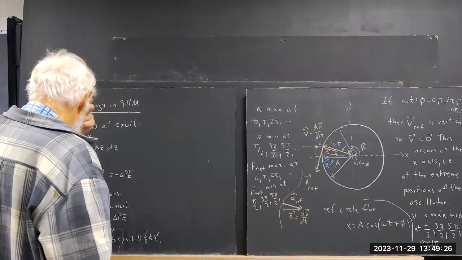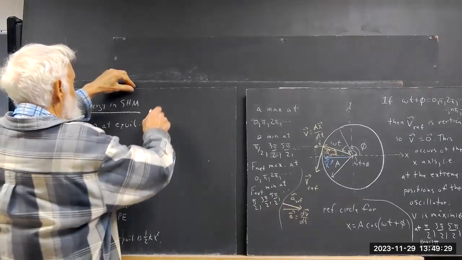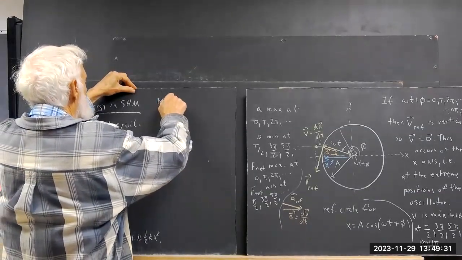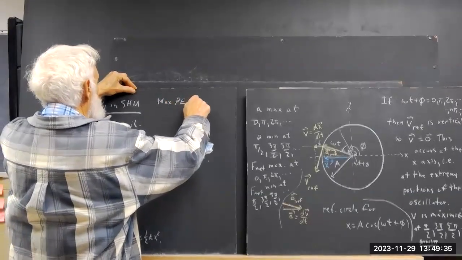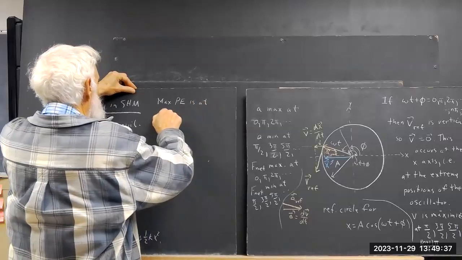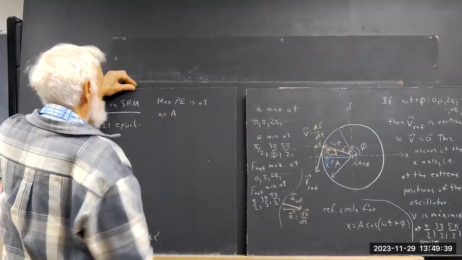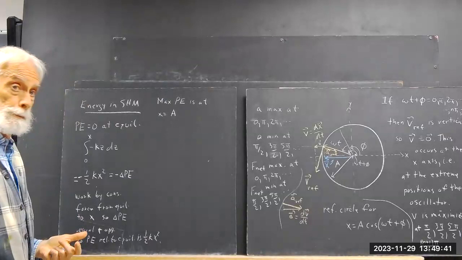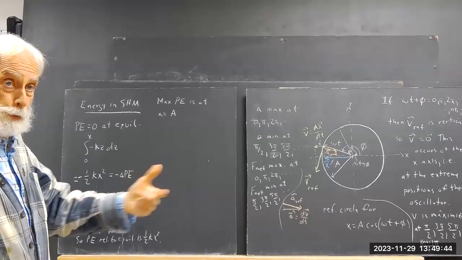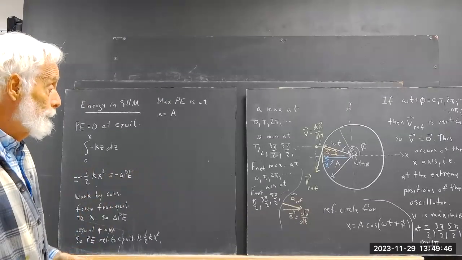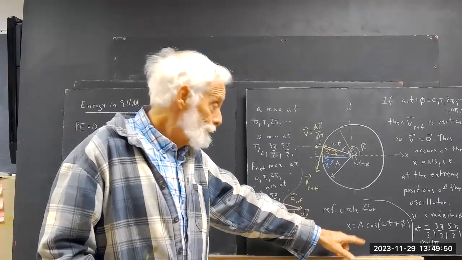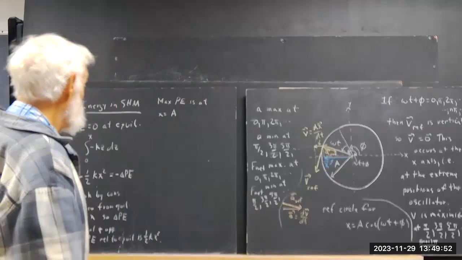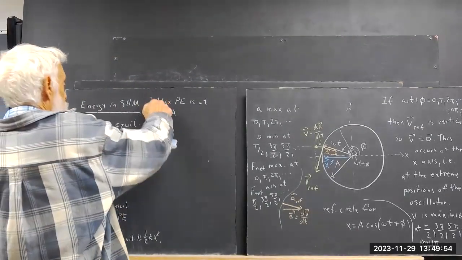So maximum potential energy is at X equals A, the amplitude of the oscillation. And as you see here, it's pretty much automatic. It's pretty much obvious, I hope.